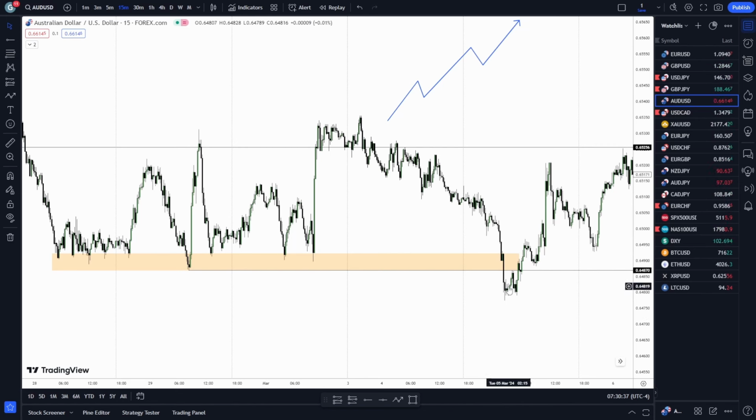With this strategy I don't wait for a fair value gap, though I can wait for a fair value gap entry for more confirmation, but I do it a little bit more advanced. I look for a psychological level like this, around 0.64800.